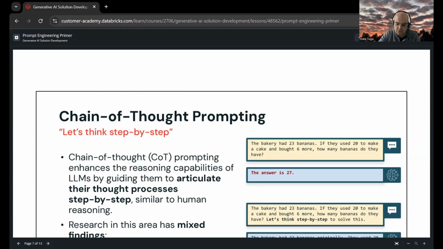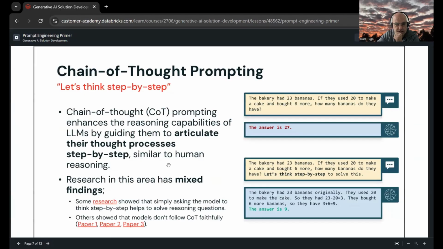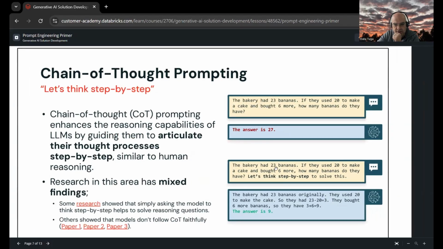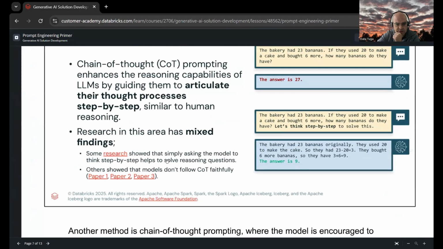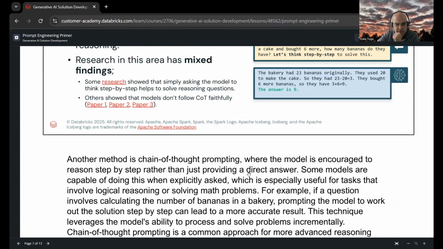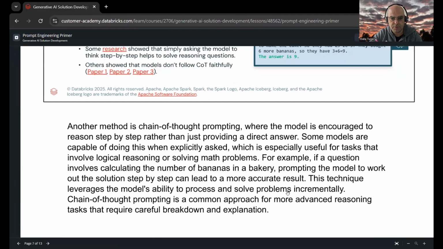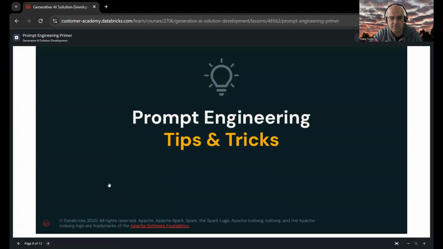Guiding through several steps: instead of just answering the bakery problem with the bananas, you say let's think step by step, and then they gave us this. The model is encouraged to reason step by step. Some models are capable of doing this. These techniques are for more advanced reasoning tasks that require breakdowns. Yeah, exactly.